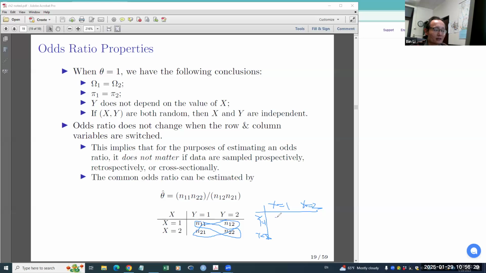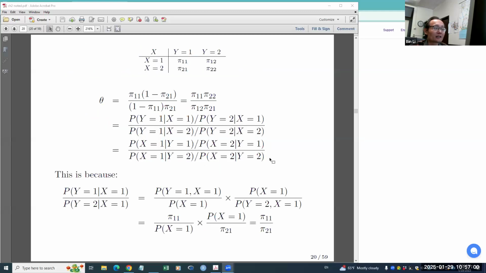It's still the same: it's still n11, n12, or n22, right? But this one is n21, and this is n12. And you can see if we do that again, it's the same. So it doesn't change. Okay, so the odds ratio is the same if we switch x to y, y to x. Okay, and this is the proof.